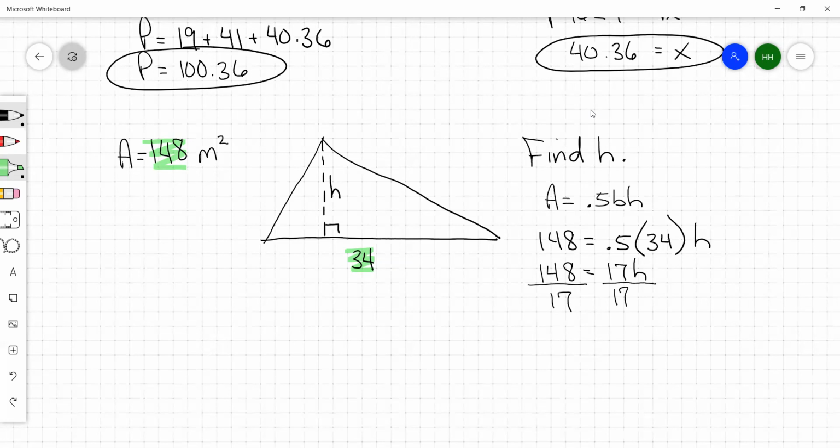And I got 8.7. So 8.7 is your height here. Good? Questions?